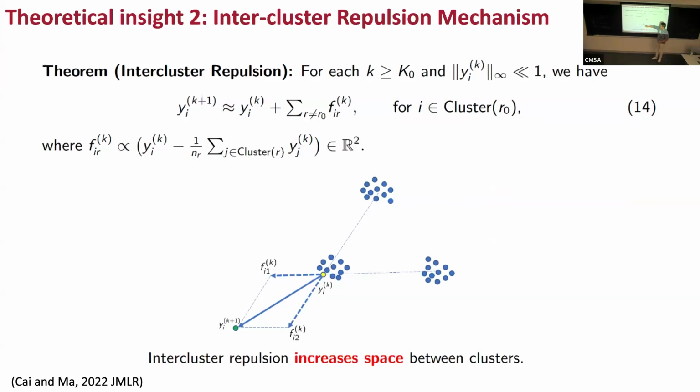And the direction is proportional to the distance from the other cluster. As a result, the clusters will be proportionally pushed away from each other like an explosion. This mechanism increases the space between the clusters, pushing them even further away from each other.